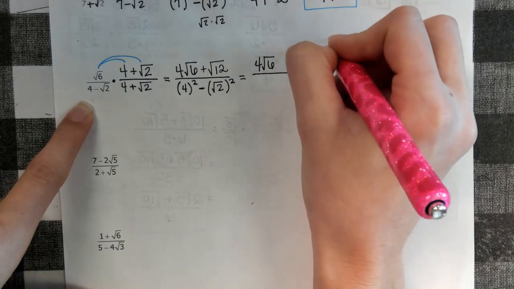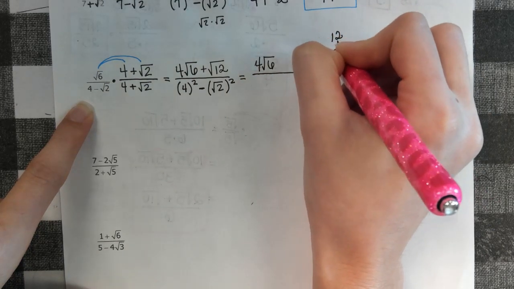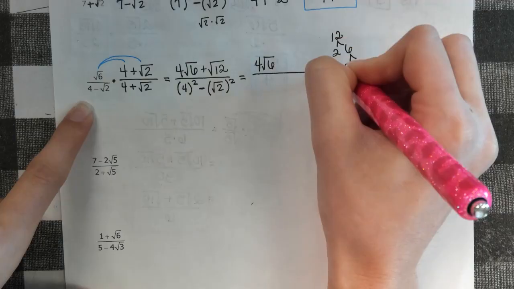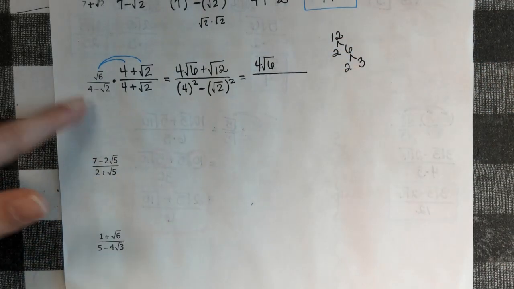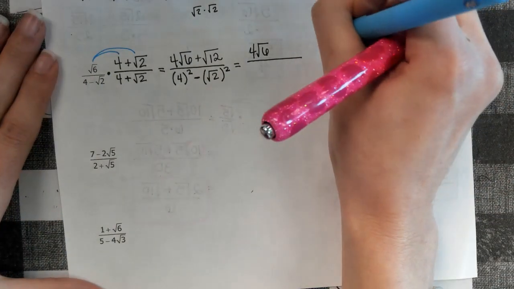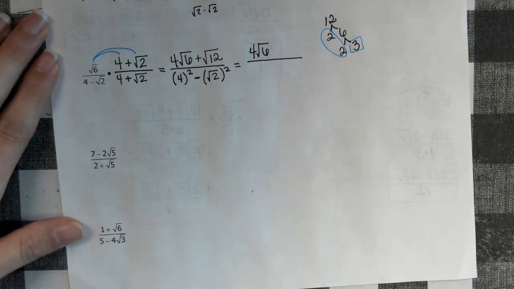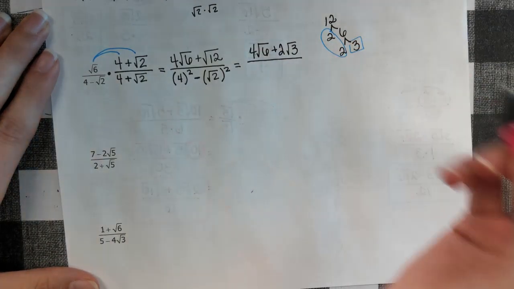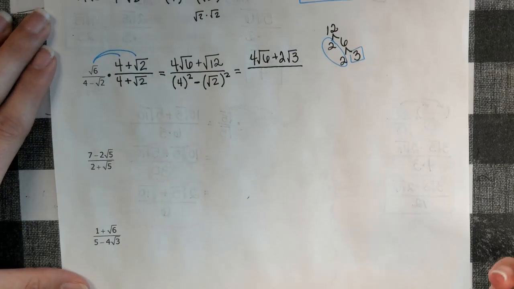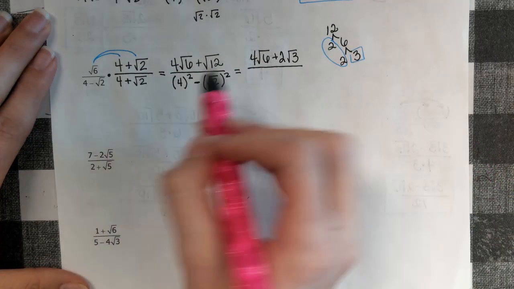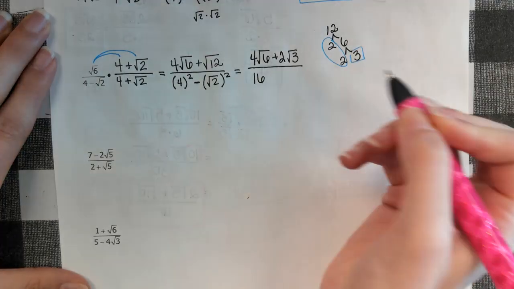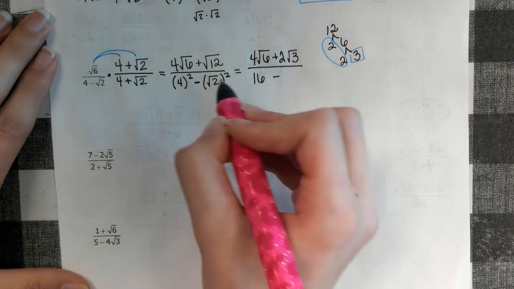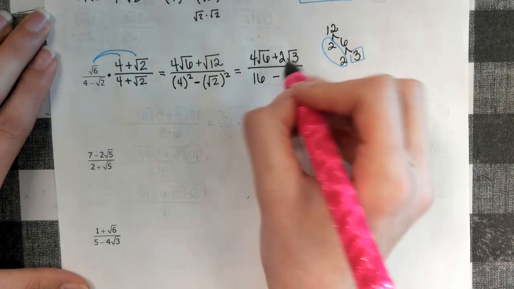Yeah. 12 splits into 2 and 6. 6 splits into 2 and 3. I have a pair of 2's with the 3 left over. So that simplifies to 2 square root of 3. Now my denominator, 4 squared, is 16, minus square root of 2 squared is 2.